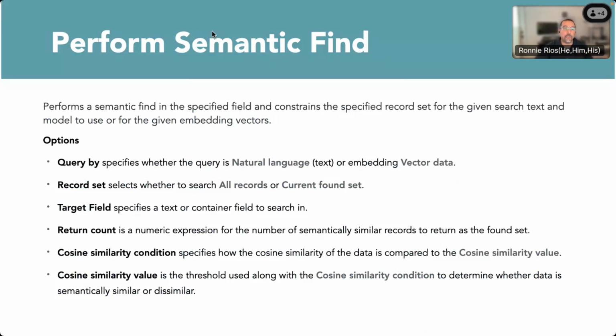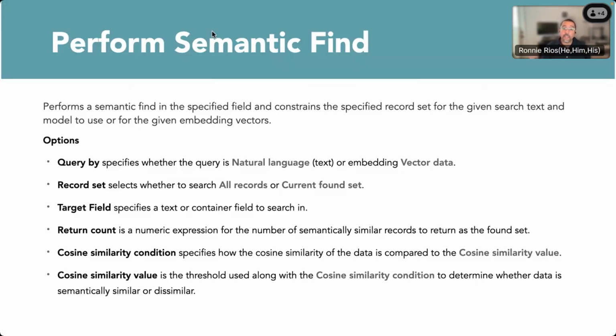It allows you to search through data for similarities. It's going to perform a semantic search based on the vectors that were generated and using one of the 3 methods that we've mentioned, allowing you to use either natural language or comparing vectors to vectors to find pieces of information that are similar to one another.